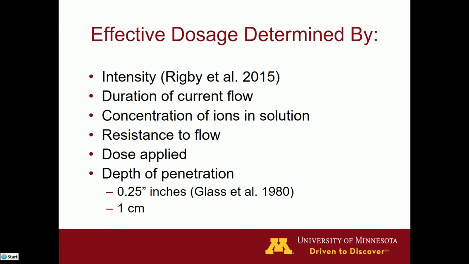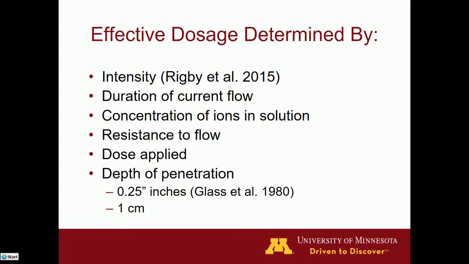Effective dosage is determined by the following factors: intensity, duration of current flow, concentration of ions in the solution, resistance to flow, the dosage applied, and the depth of penetration. On a clinic unit, we can adjust intensity, duration, and your dosage goal.